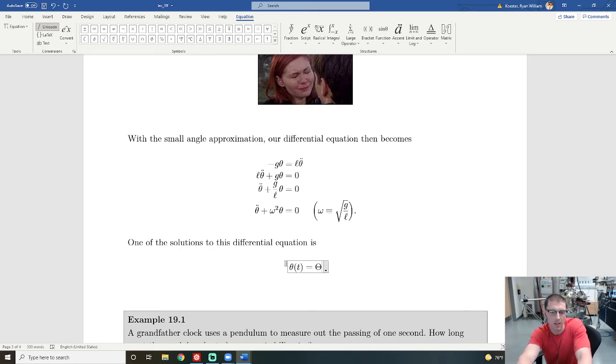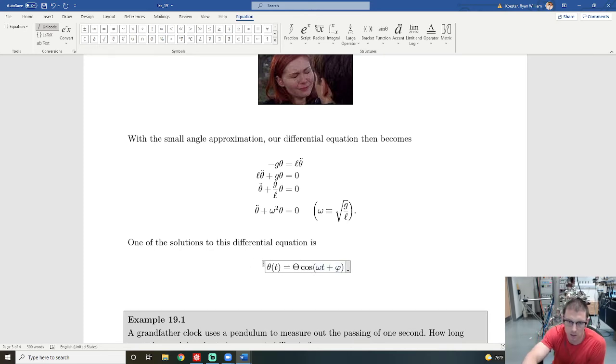I was tempted to call it big A like we did for the one-dimensional simple harmonic oscillator with the spring, but I'm not going to do that because I want to remind you that there's going to be a difference between the constant that we put here and the constant that we had before. But the other part is exactly the same. It's just cosine of omega t plus phi.